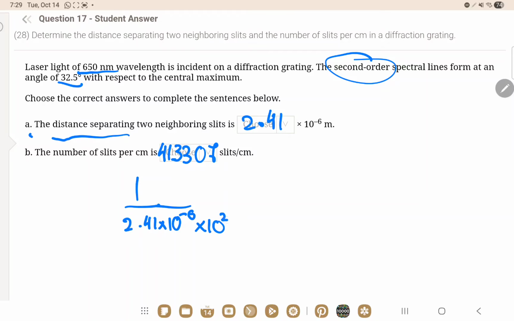So it's 1 divided by 2.41 times 10 power negative 6 times 10 power 2. It should then be 4149 or something like this. It doesn't matter really, it's something like that you get.